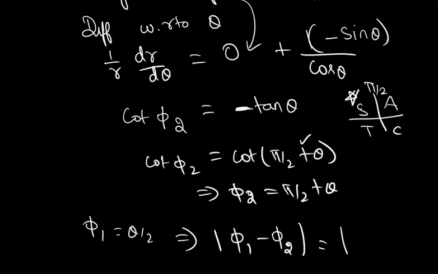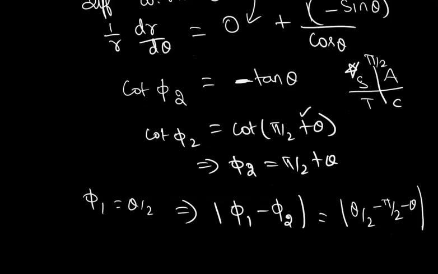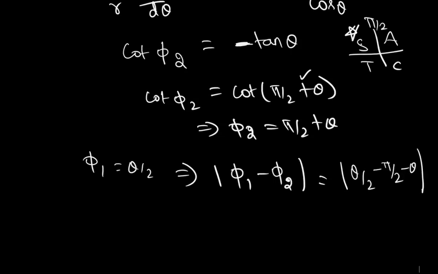So if you write phi 2 minus phi 1 or phi 1 minus phi 2, the answer will be the same. So minus pi by 2 minus theta, and hence if you simplify, we get pi by 2 plus theta by 2, because this is half minus 1. So the difference is half, pi by 2 plus theta by 2 if you take it out from the modulus.